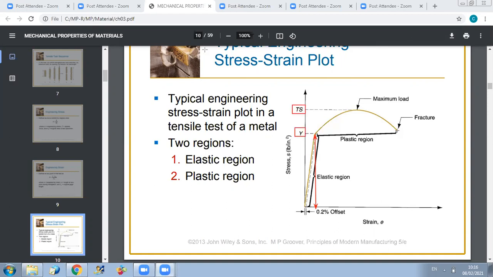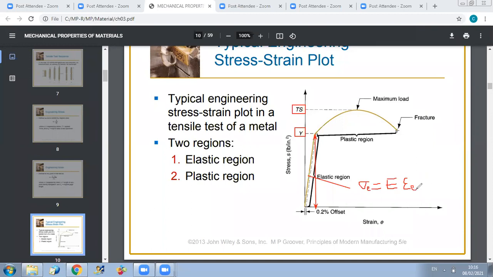Okay. So here in the elastic region, we can say that the equation of this curve can be given by sigma engineering is equal to the modulus of elasticity or Young modulus times epsilon engineering. Okay.